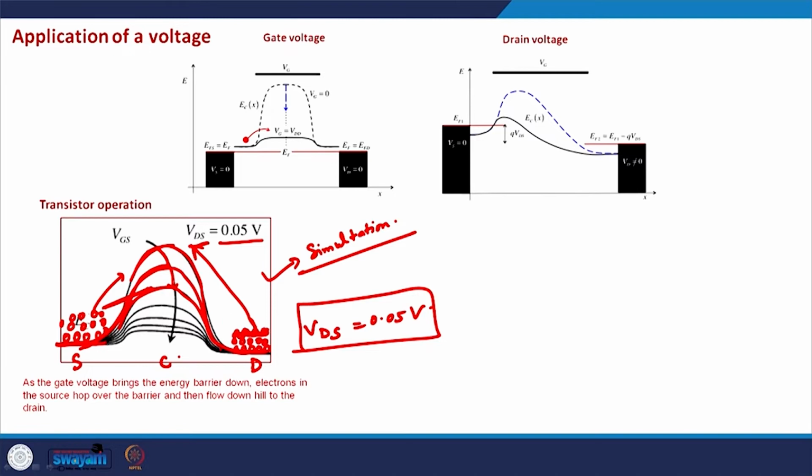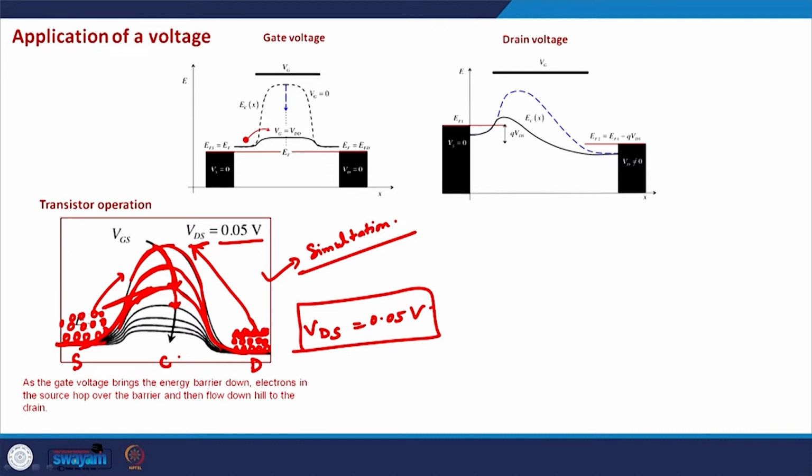So as you can see, the current only starts after a certain gate voltage in these devices. If we further increase the gate voltage, now the barrier height is actually less than the energy of the electrons on the source side.